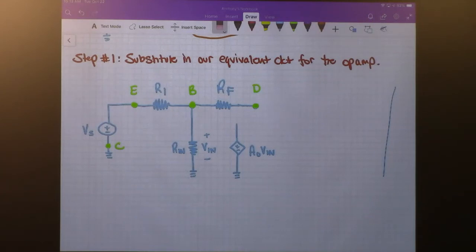Let me erase this for a second just so I have some space. We'll have our R out value, and that's the output of the op-amp. So let me connect those two points.